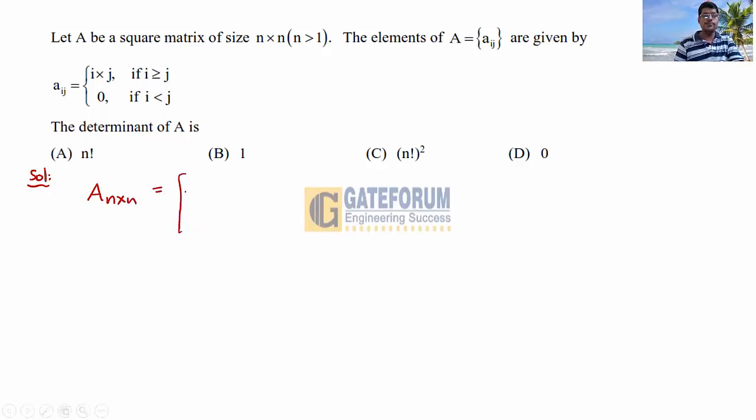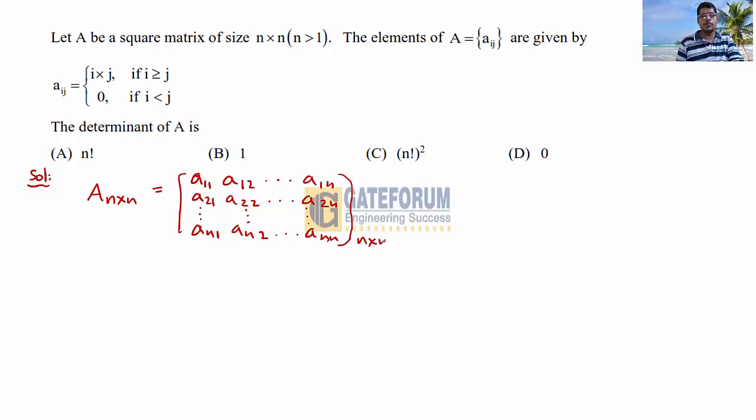Generally, A11 is the first row first column element, A12, and so on; the second row elements A21, A22, and so on; AN1, AN2, and so on, ANN. So it is an n cross n square matrix.